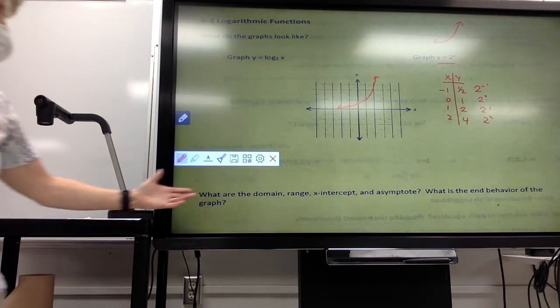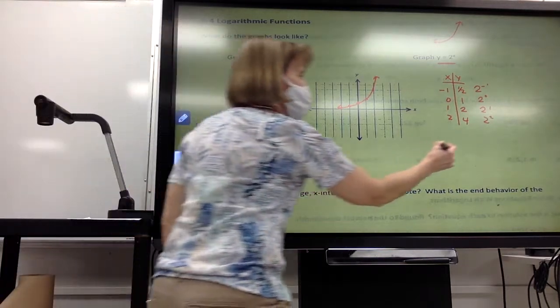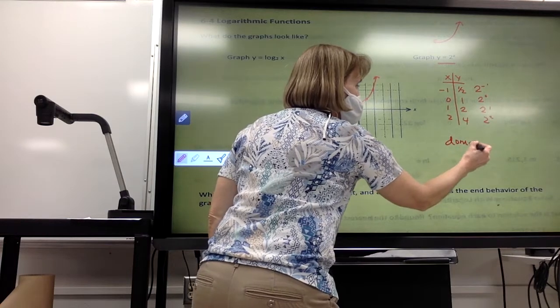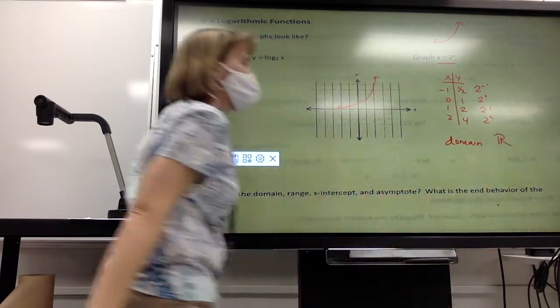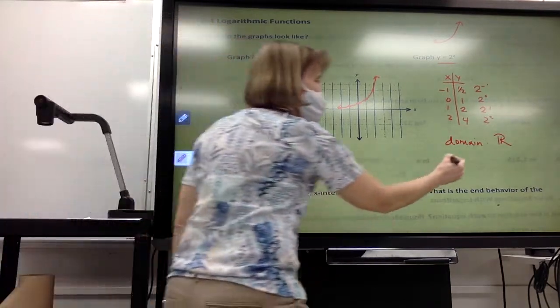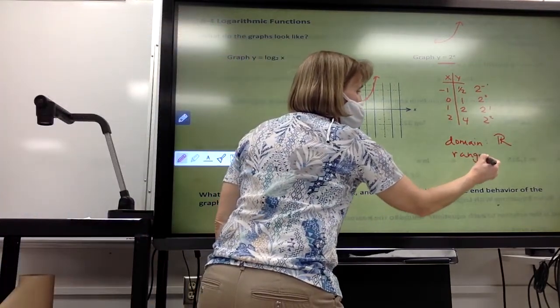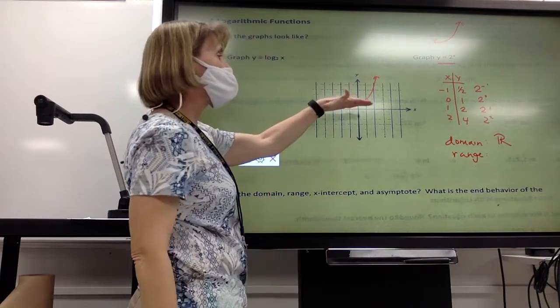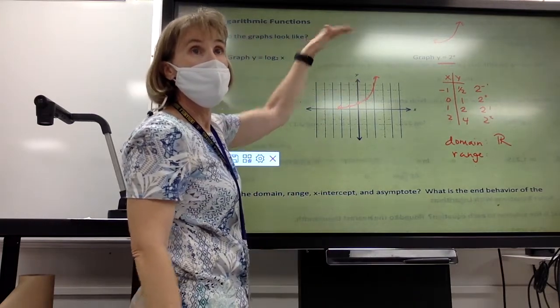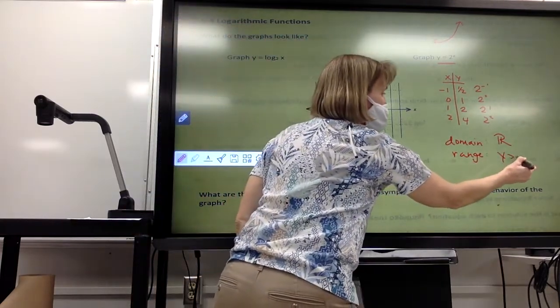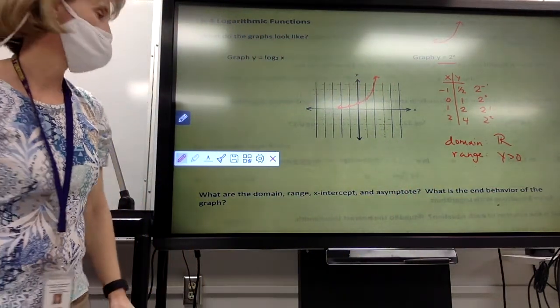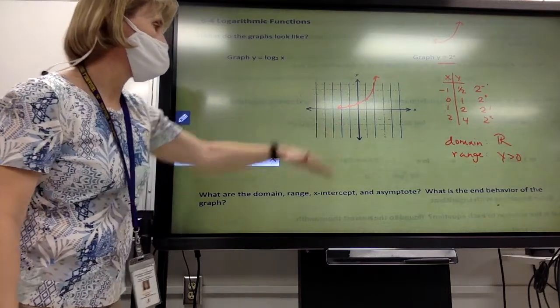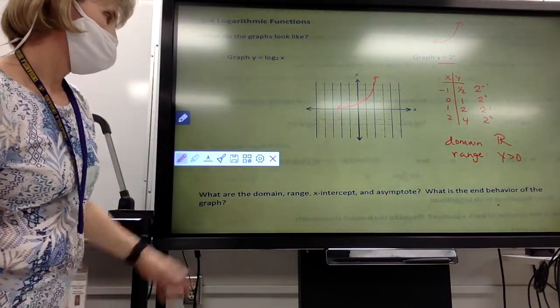We had this, and we walked through, what is the domain of that graph? All real numbers. What is the range of that graph? Its whole graph is above 0, right? So its y's are greater than 0. Is y ever going to equal 0? No. And it's never going to be negative.